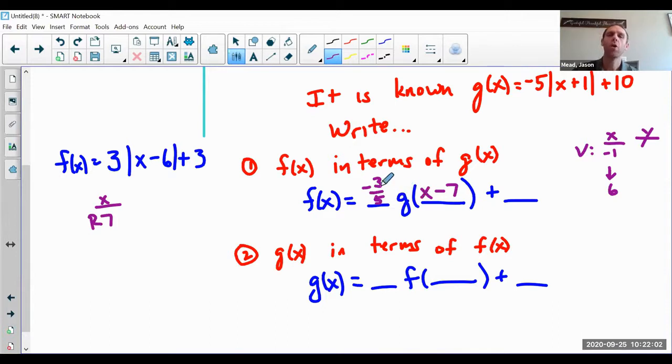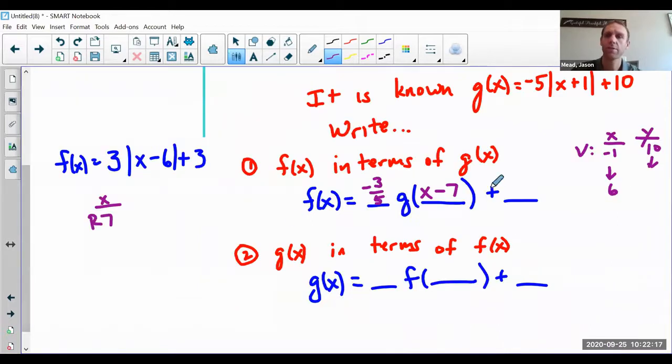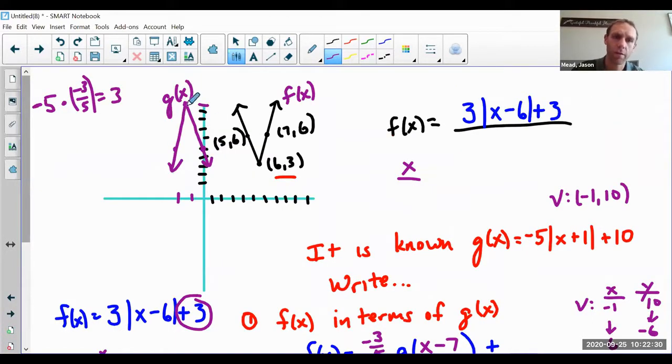So I'm going to take whatever I originally had at g. What was my original vertex for g? My original vertex y value for g was 10. I have to multiply that by negative 3/5. So what's 10 times negative 3/5? That's negative 6. And then I eventually have to get it to positive 3. So my y value was at 10.